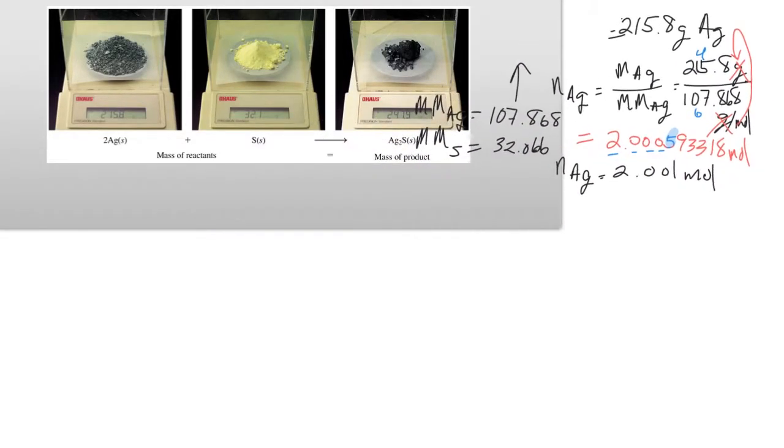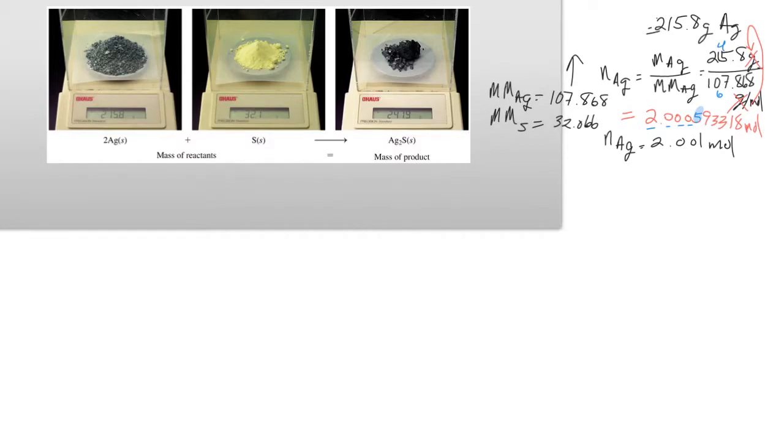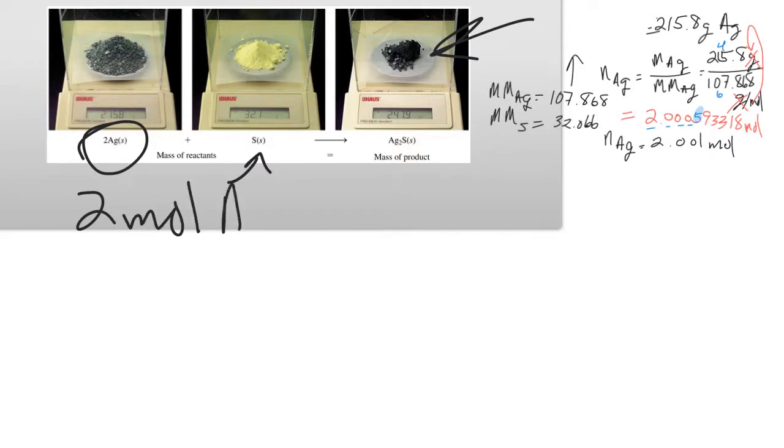All right. Now, if that picture here is true, what we need to do is take those moles of silver and convert them to moles of sulfur. What we notice from the balanced equation is we have 2 atoms of silver for every 1 atom of sulfur, but we can also have 2 moles of silver for every 1 mole of sulfur, because a mole is a number that is gotten by counting.